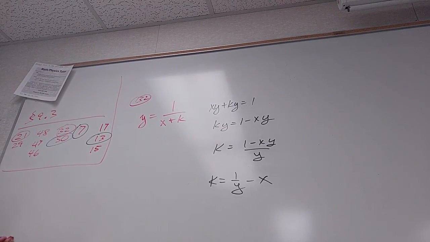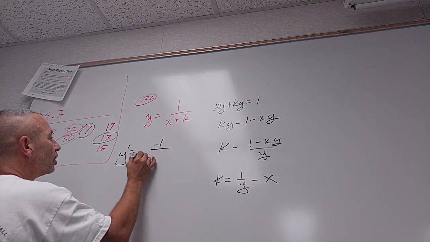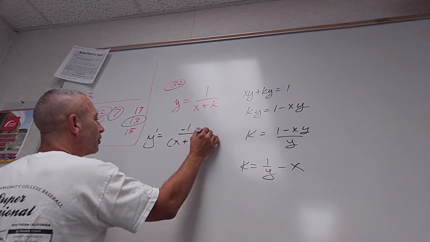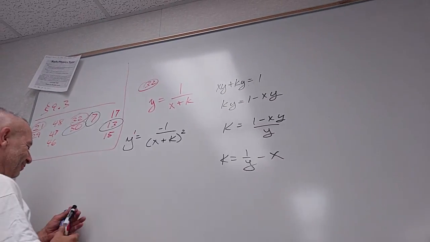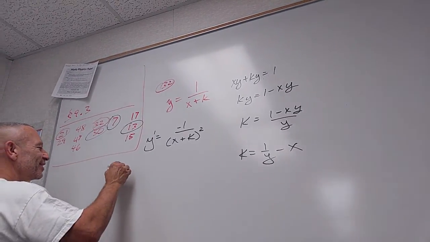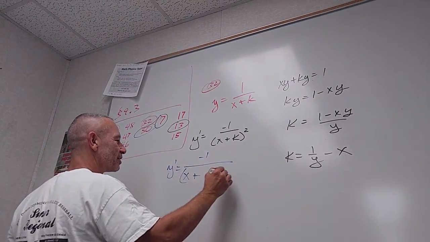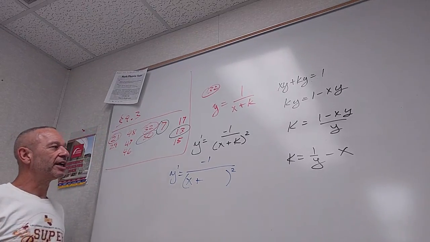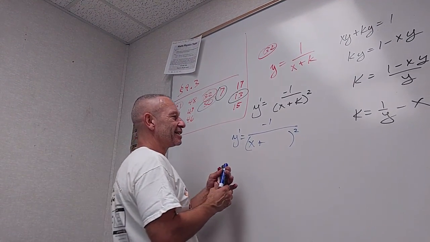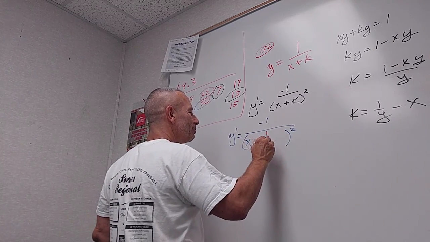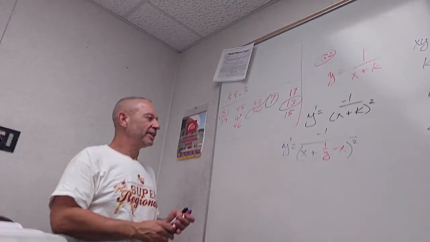y prime is minus 1 over x plus k quantity squared. So y prime is minus 1 over x plus, how do we want to write k? That second one's nice, isn't it? 1 over y minus x. Hoorah. Right, we like that.